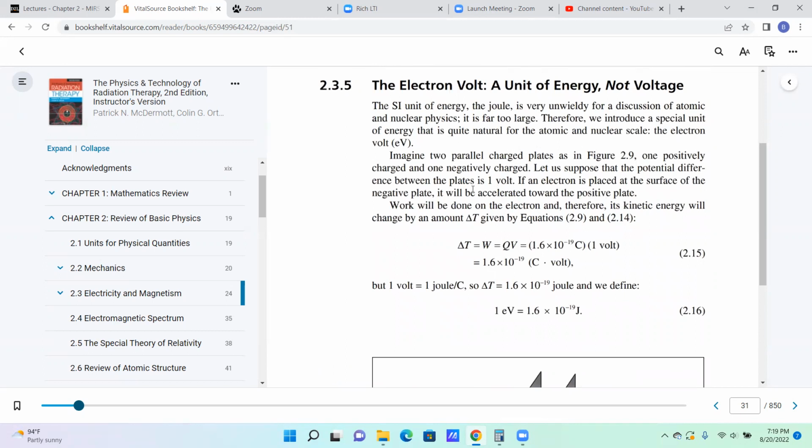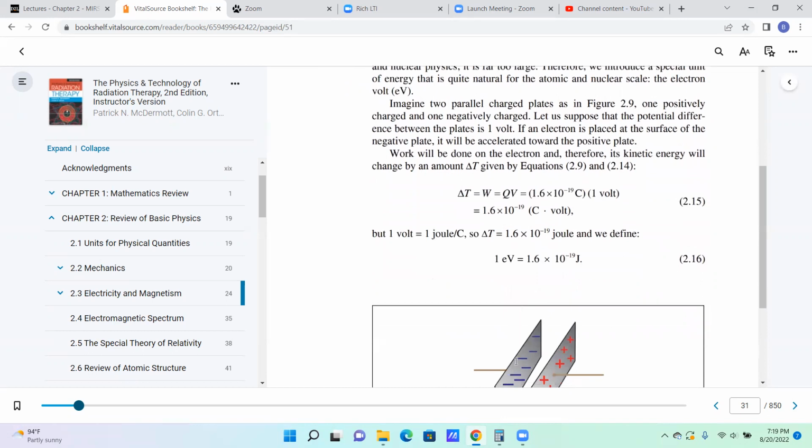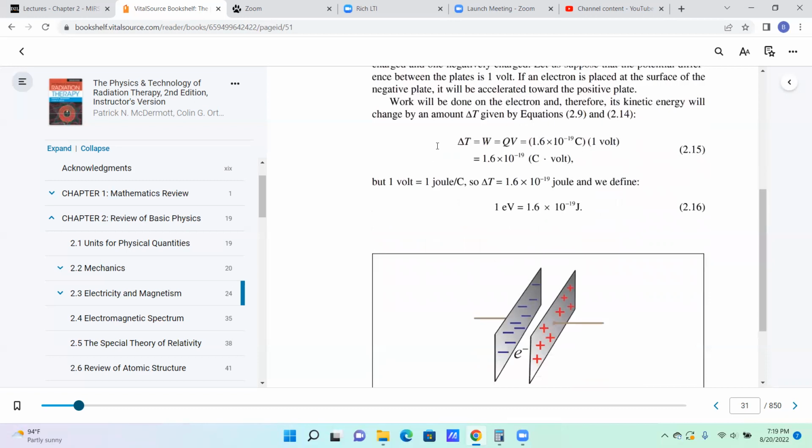Let us suppose that the potential difference is 1 volt. If an electron is placed at the surface of the negative plate, it will be accelerated towards the positive plate. Work will be done on the electron, and therefore its kinetic energy will change by an amount of this. So the change in kinetic energy is equal to the work. And if you remember our definition of voltage, it was work divided by the charge.